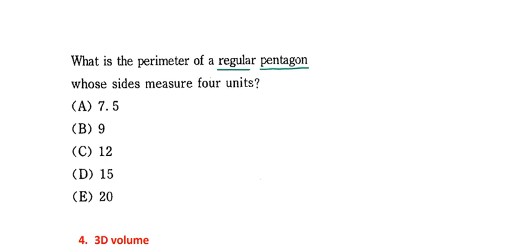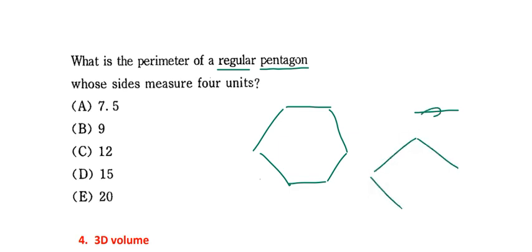A pentagon has 5 sides. Regularly, the pentagon is formed by 5 identical triangles.